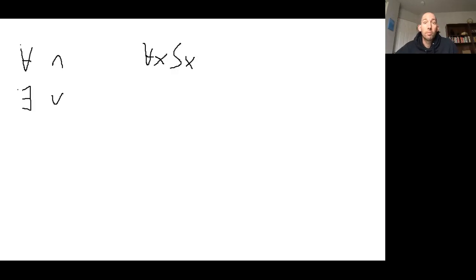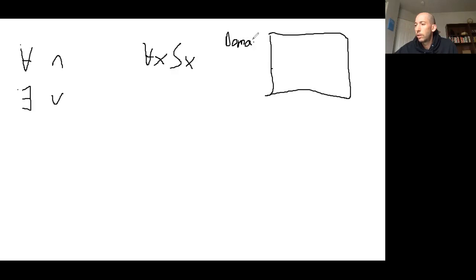So let's say I've got 3 objects in my domain: n1, n2, and n3. I'm using n sub 1, n sub 2, n sub 3 to indicate that these are just temporary labels that I'm giving to each of those objects.